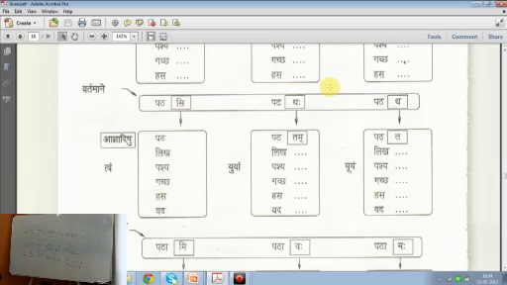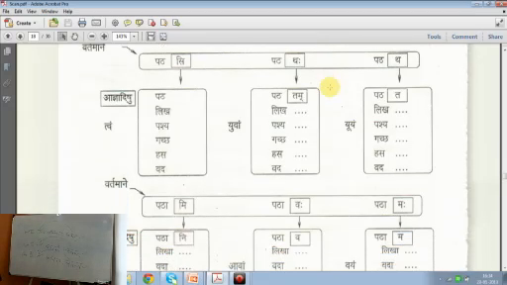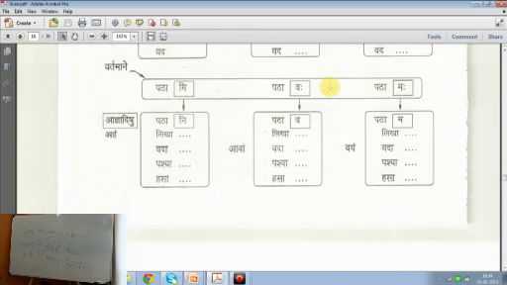You have to say, yuyam pashyata, you all see. Yuyam gacchata. You all go. Yuyam hasata. You all laugh. Yuyam vadata. You all speak. Yuyam samskritam vadata. You all speak Sanskrit, or may you all speak Sanskrit. That way we understand.